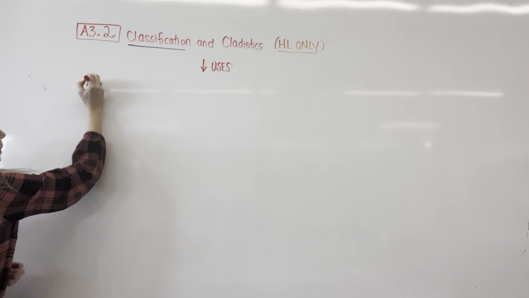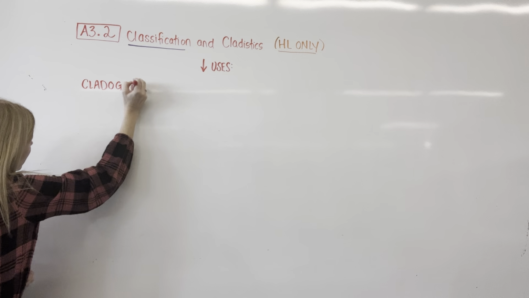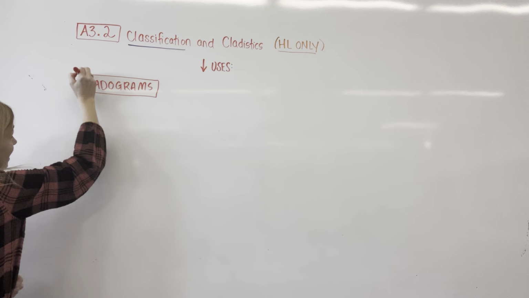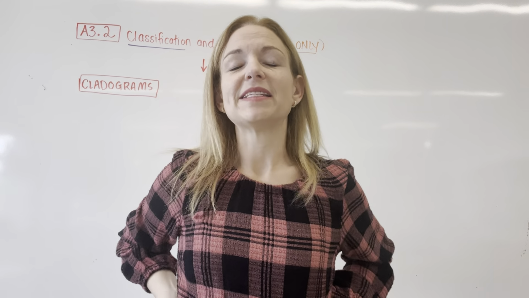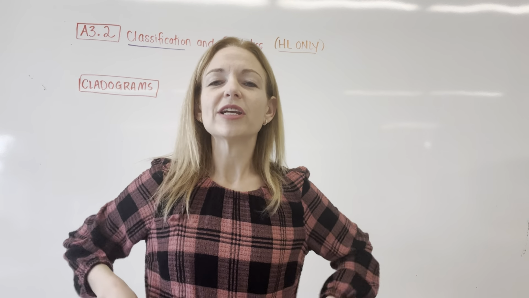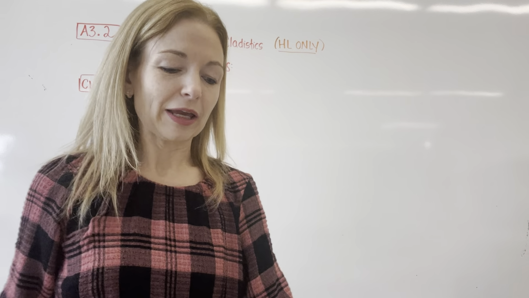So cladograms. And these are often used together, i.e. working out a molecular clock, which is essentially a rate of change. You can add more specific dates and stuff to cladograms, so those are added more to phylogenetic trees. Cladograms tend to be a little bit more focused on smaller groups and looking inwards at that.